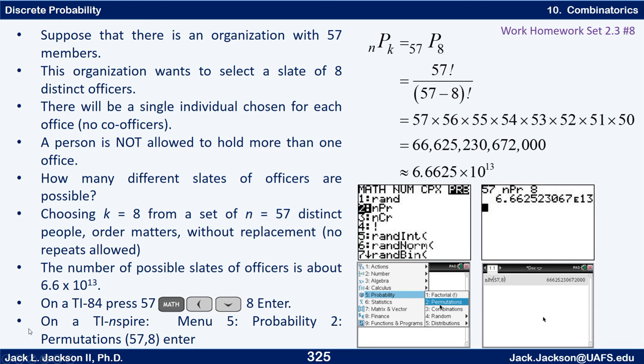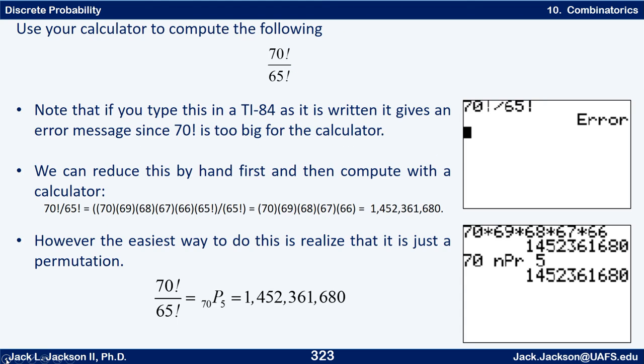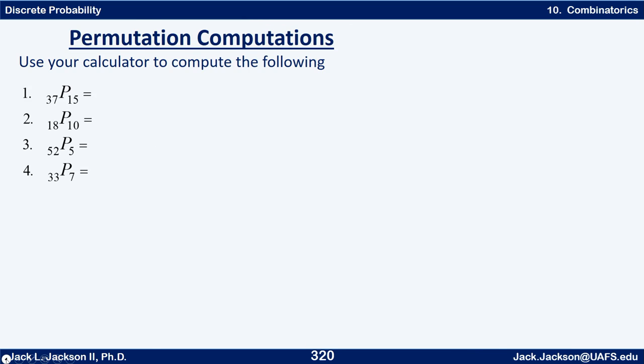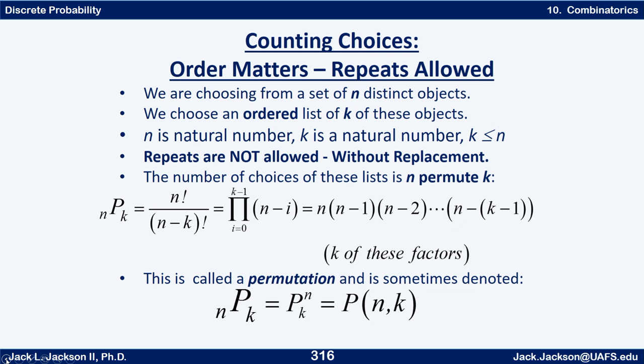So let's just review real fast before we go on. We use this counting technique when we're counting choices where the order matters and repeats are not allowed. We're choosing from a set of n distinct objects. We choose an ordered list of k objects. So starting with n objects, choose k of them where repeats are not allowed.